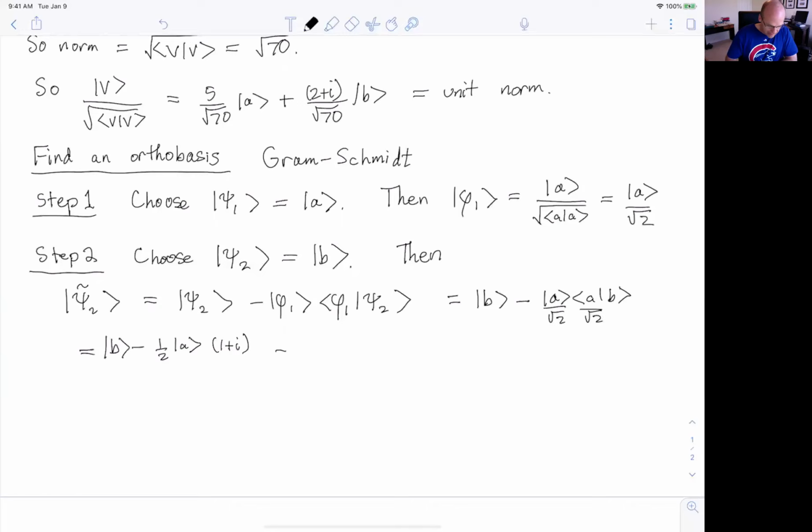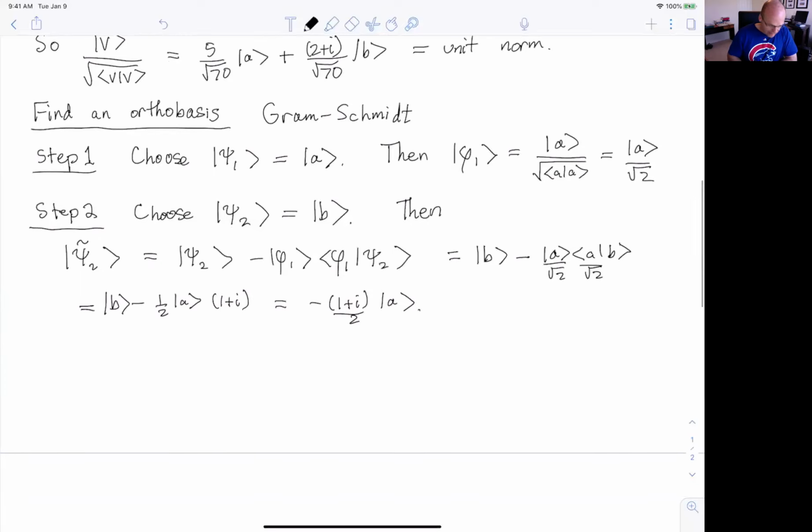And so just to rewrite this in a prettier way, this is minus (1 plus i) over 2 times A. Oops, I forgot, that's plus B. That wasn't done there.